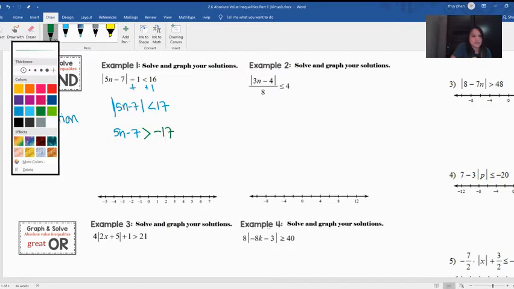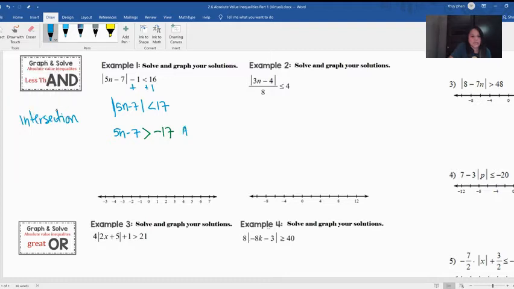Then we are going to have the word and that separates the two. And we're going to have 5n minus 7 is less than 17. So now that we have our two cases, the absolute value inequality is now changed into a compound inequality that states that whatever happens should be an intersection.